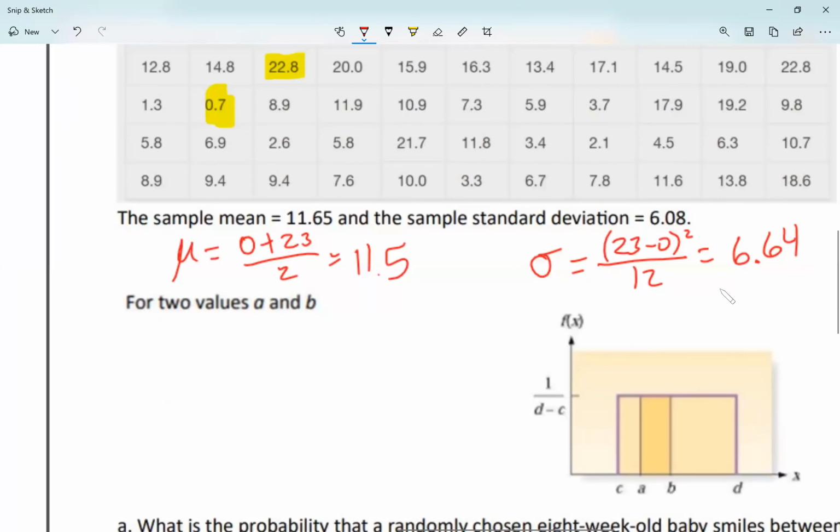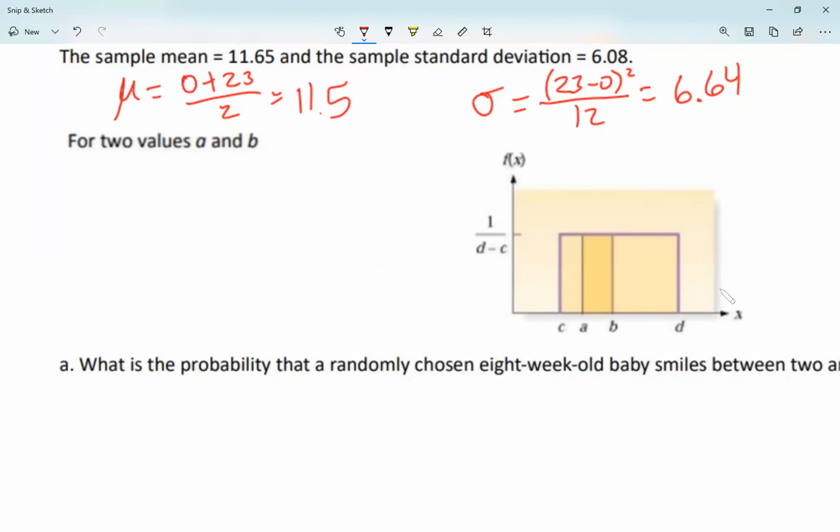Now for two values, A and B, let's take a look at this. I can give you these figures right here, and I can ask you for a probability.